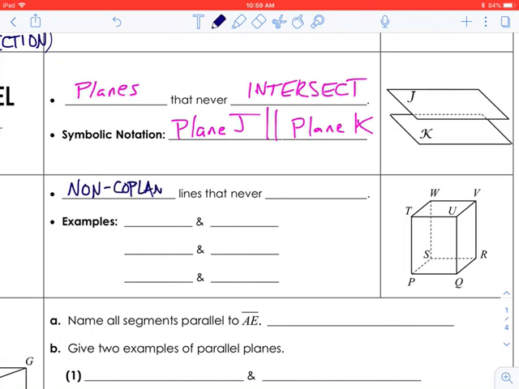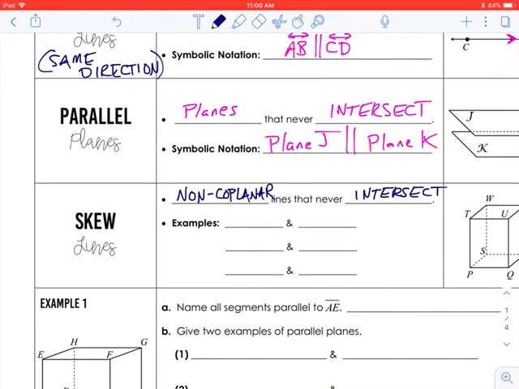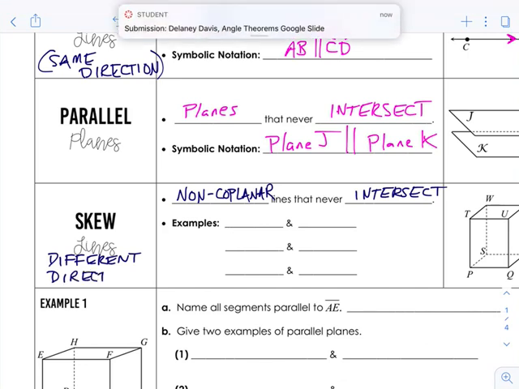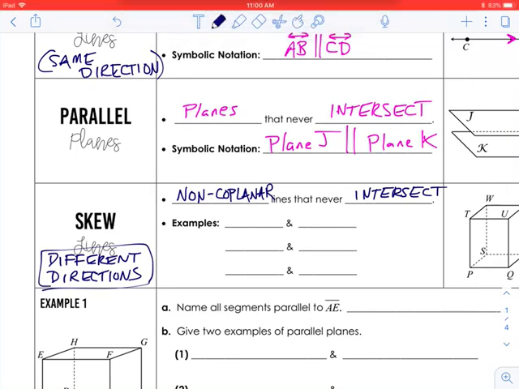So non-coplanar lines can't be on the same surface, they never intersect, and they're going in different directions. Different directions, and they do not intersect.